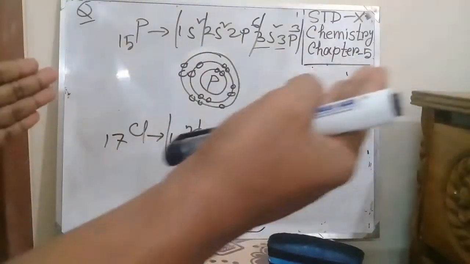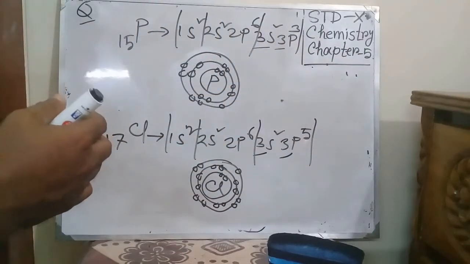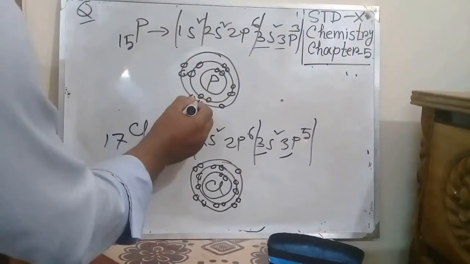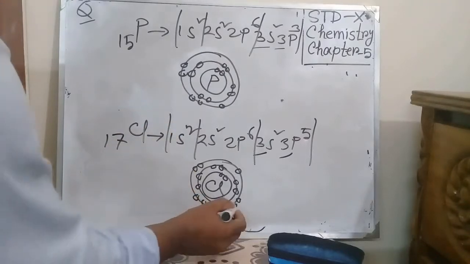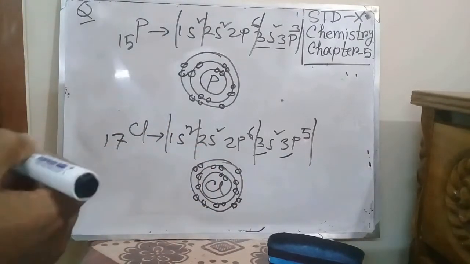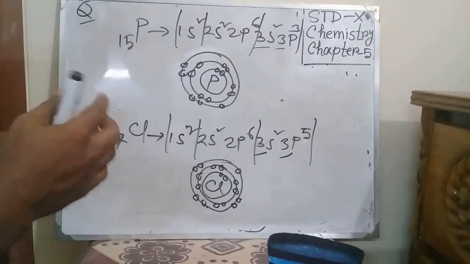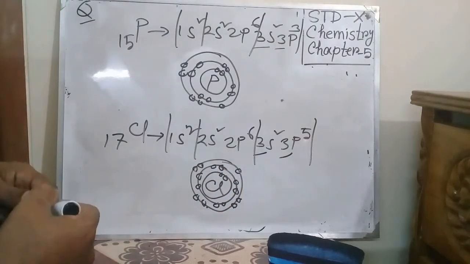As a result, the atomic size will decrease. We can see there are 5 electrons in the third shell of phosphorus, and 7 electrons in the third shell here. So the attraction force between electrons and protons in the third shell will be greater.